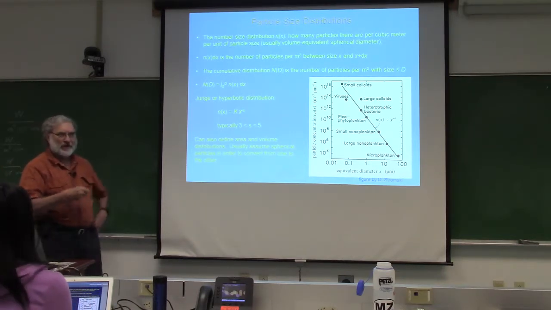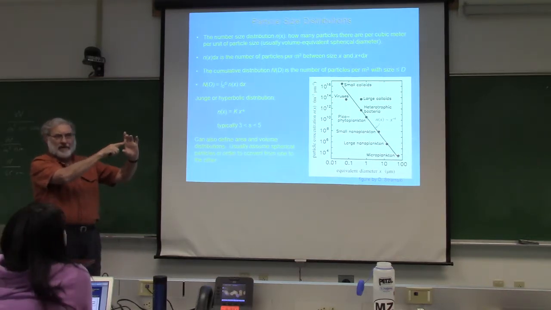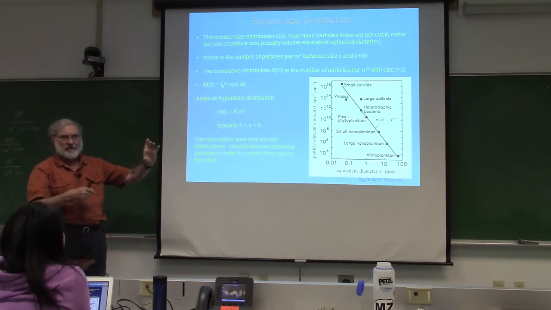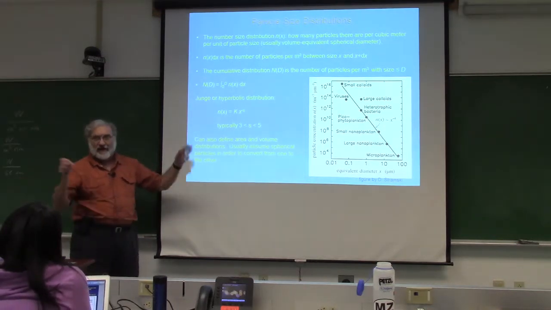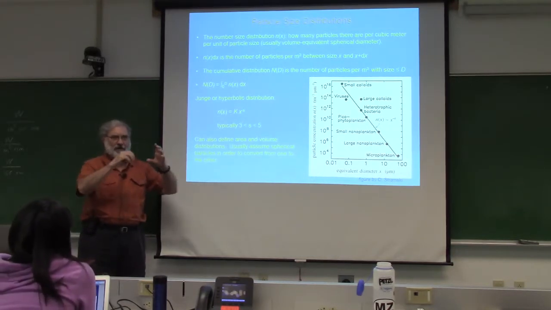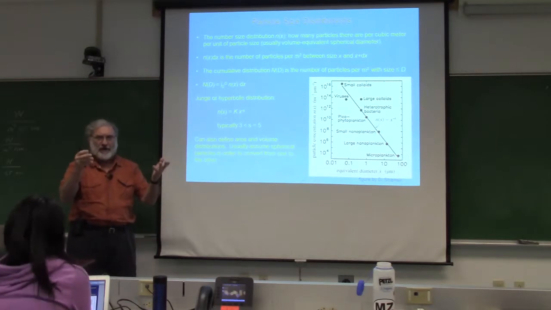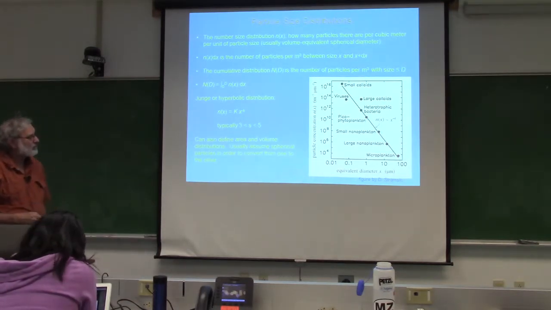The lidar, for example, is looking at particles, and so it's the area of the particle that it sees that matters. So what people usually do is they say, well, let's assume the particles were spheres, and then I can convert a volume to an area or a radius. But of course, real particles are seldom spheres.